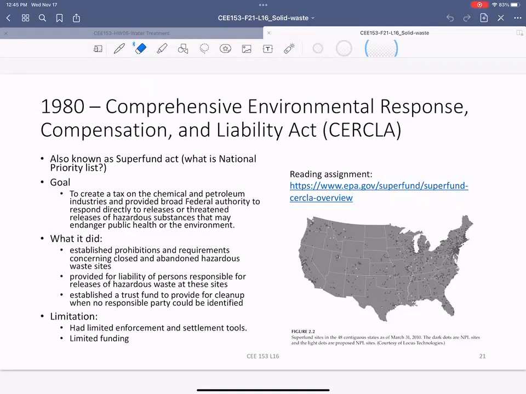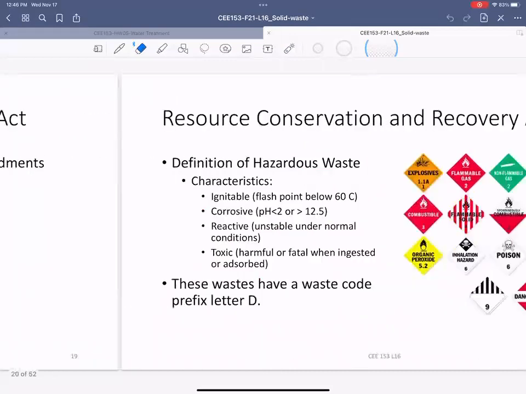Imagine a brownfield site or Superfund site, which is a very polluted site. That's the definition of a Superfund site: it is so polluted that the existing owner cannot afford to clean it up, so it is declared Superfund. That enables the government to pay this money to clean up the site. These are the mechanisms behind it.